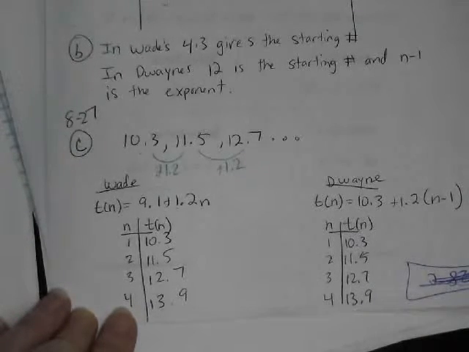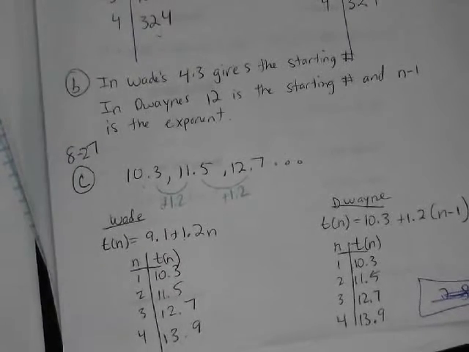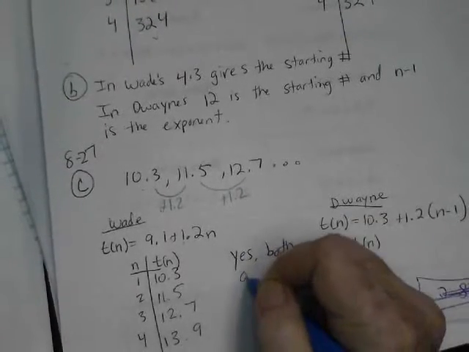Because I kind of cheated a little bit. 4 minus 1 is 3, 1.2 times 3, is that plus 10.3? 13.9. Okay, so that's the answer to letter C. Are they both correct? I'm going to say yes, both are correct.